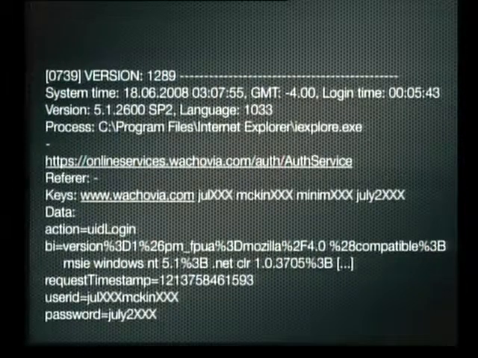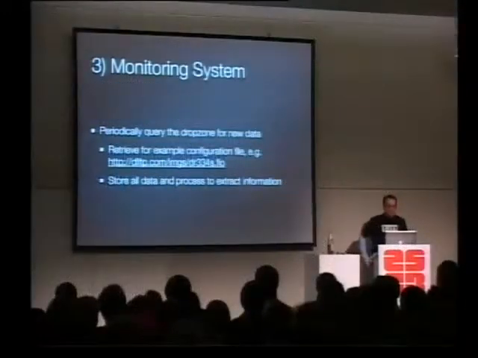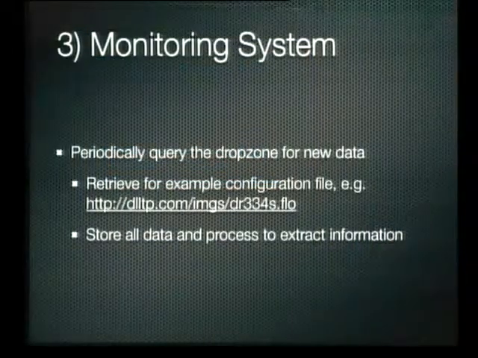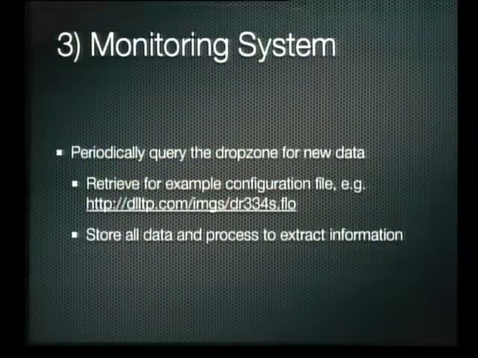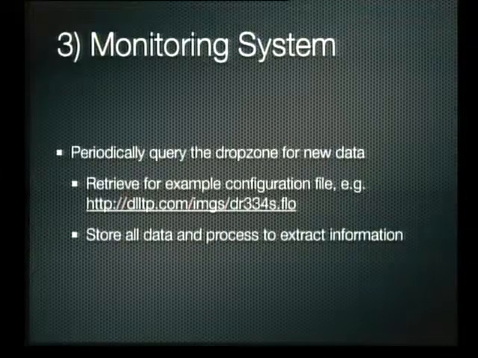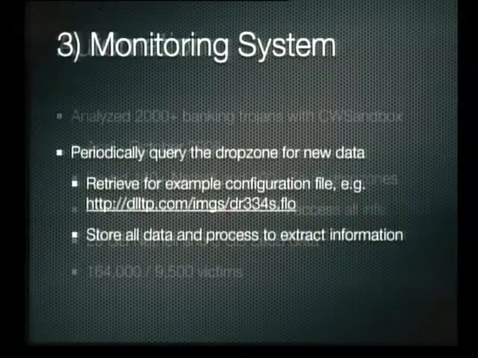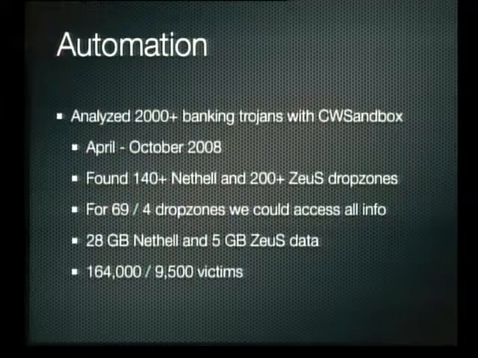In the second phase, we do the dynamic analysis together with the user simulation. And then in the third phase, when we know where the drop zone is located, we have a monitoring system which periodically contacts the drop zone and retrieves information from there in different ways. We've completely automated all those steps.